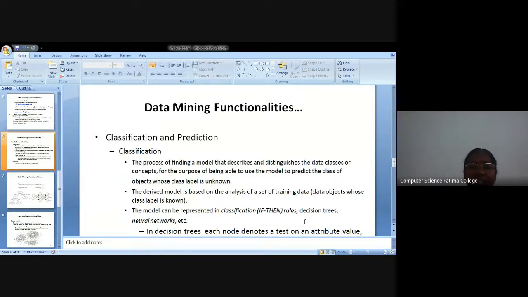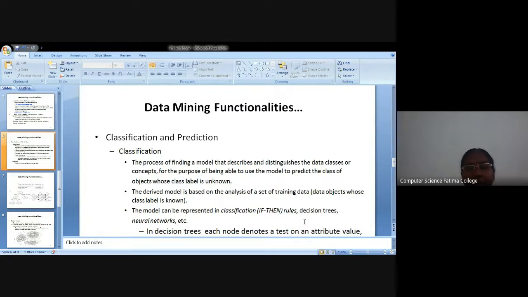Classification is the process of finding a model or function that describes or distinguishes data classes or concepts, for the purpose of being able to use the model to predict the class of an object whose class label is unknown.